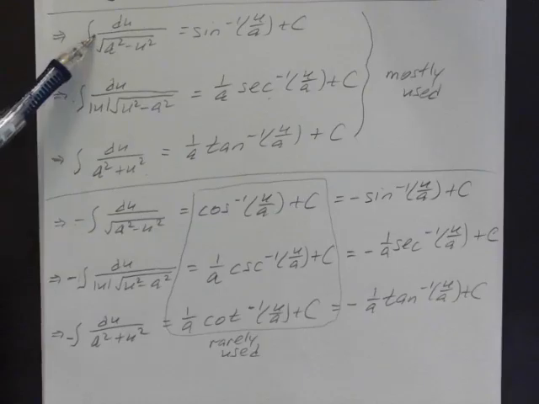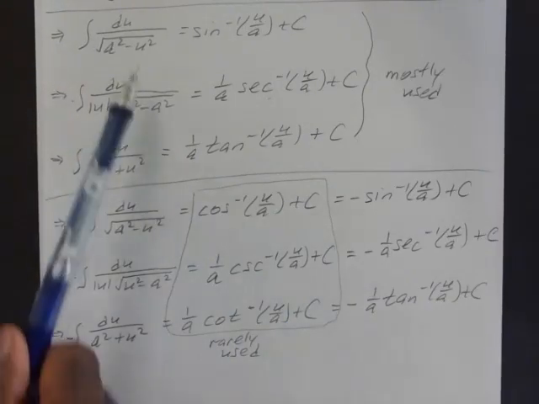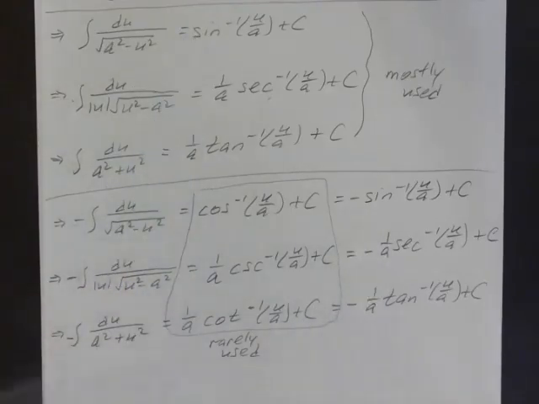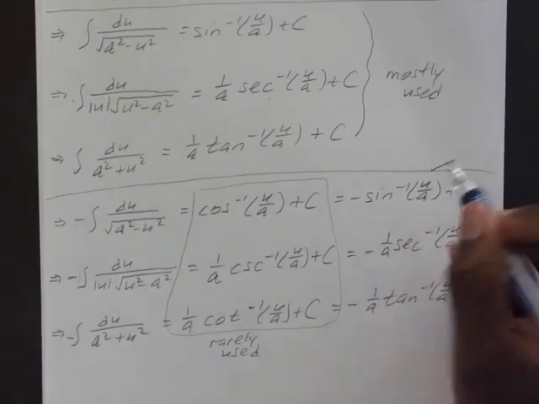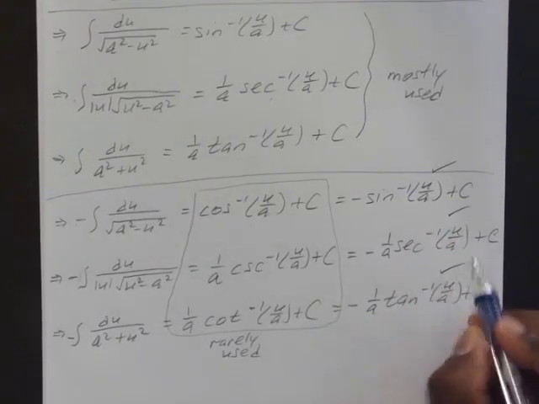Because if you already have these three memorized, if there's just a negative in front of here, then you might as well just put a negative in front of here also, instead of memorizing three other solutions or formulas. Okay, so these three are the usual form for it.